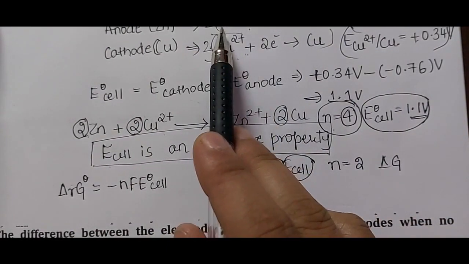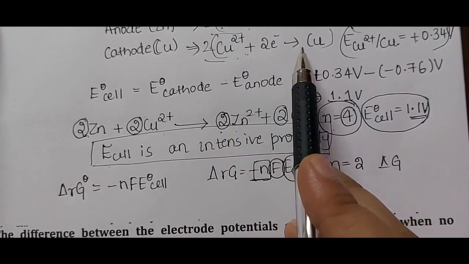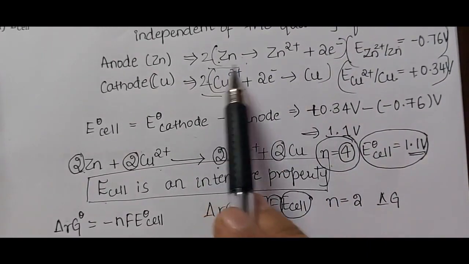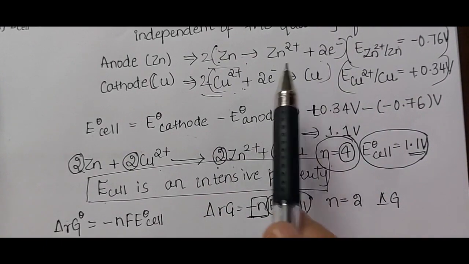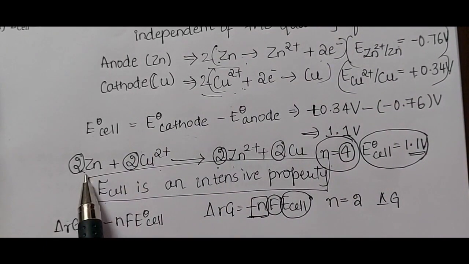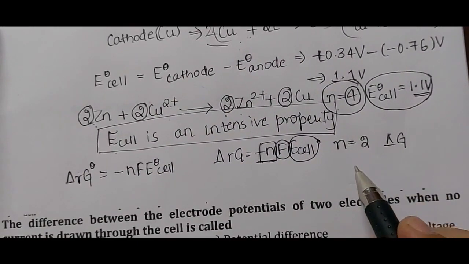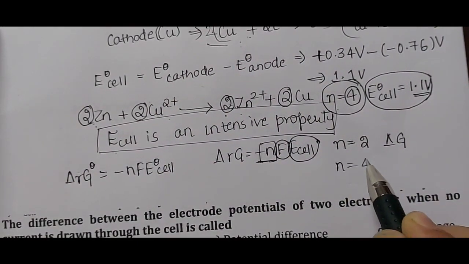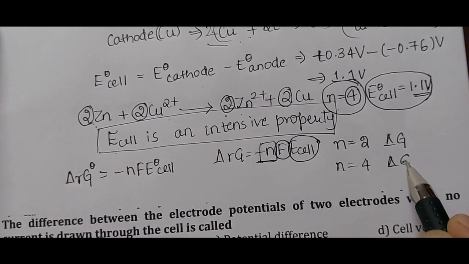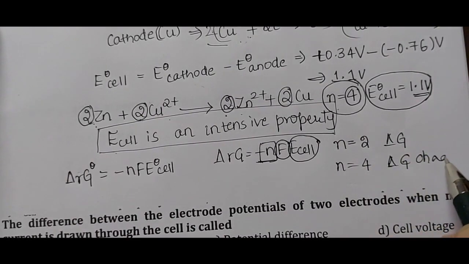For 1 mole of zinc, it was exchange of 2 electrons, and now for 2 moles of zinc, it becomes exchange of 4 electrons. Thus, for 2 moles of zinc, our N value would become 4 and delta G value would change.